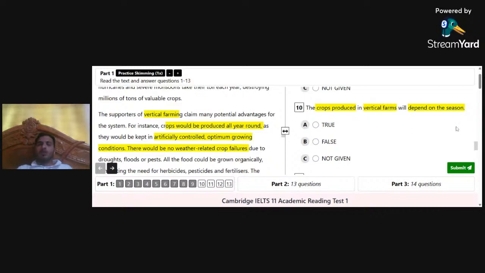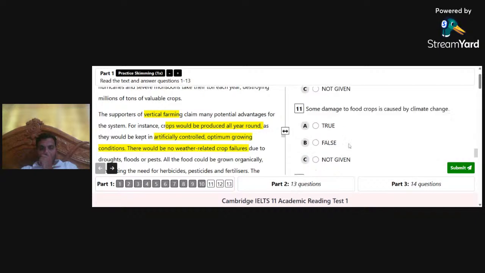So these will no longer depend on the season. In the summer season, by controlling the conditions artificially, you can grow some crops that are normally grown in winter. So this will be false.